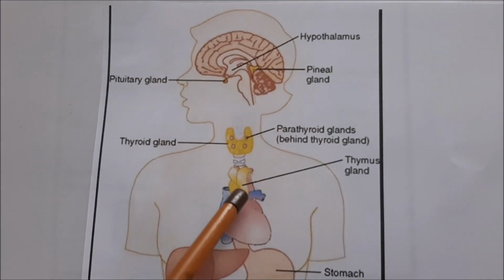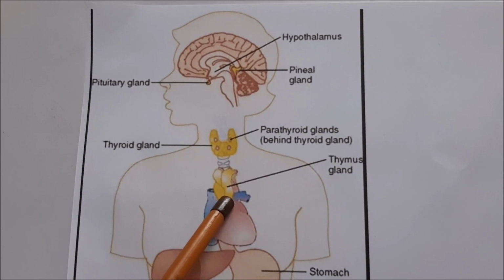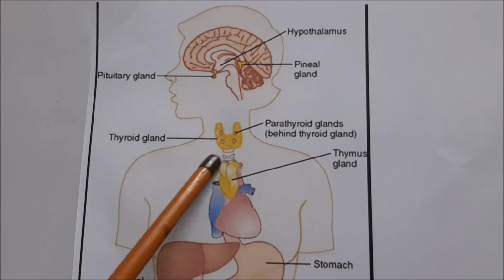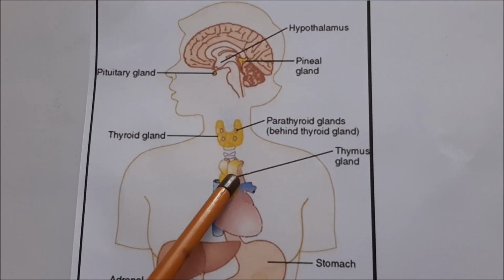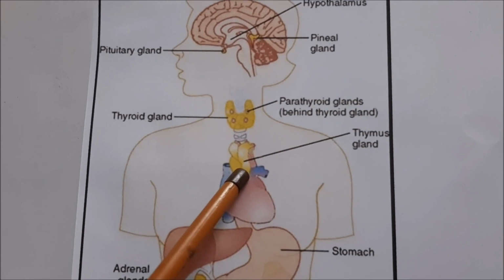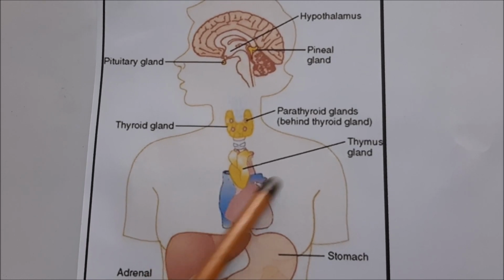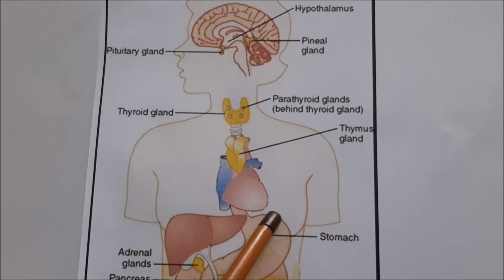Now come to the other gland, the thymus gland. Just before birth, the thymus gland atrophies, and its function is the processing of T lymphocytes.